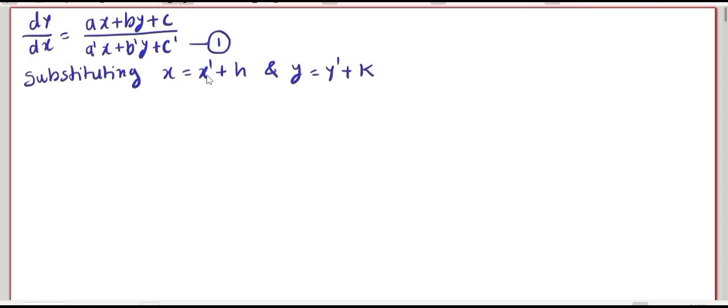Taking the derivative of this, we get dx is equal to dx dash and dy equal to dy dash.